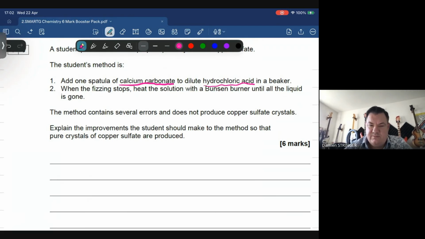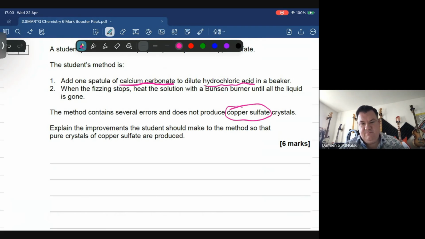When the fizzing stops, heat the solution with a Bunsen burner until all the liquid is gone. The method contains several errors and does not produce copper sulfate crystals. So that is the thing we're trying to get. Explain the improvements the student should make to the method so that pure crystals of copper sulfate are produced.